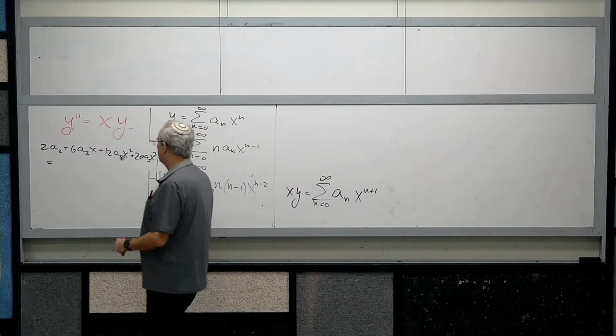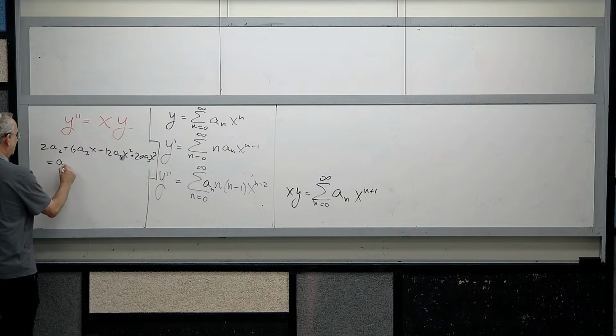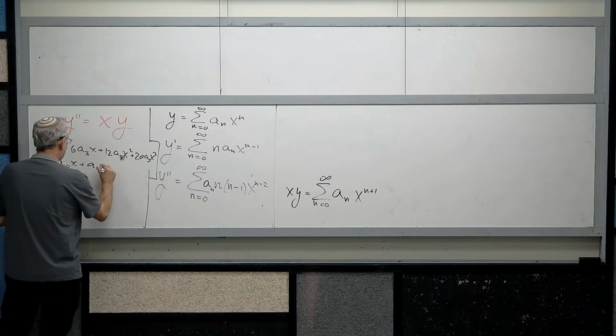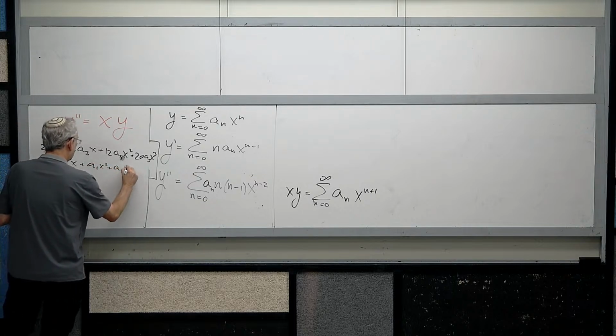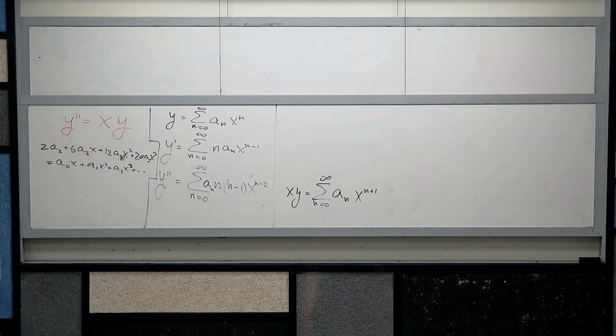So what am I going to get? a0 x plus a1 x squared plus a2 x cubed plus blah blah blah. Good.